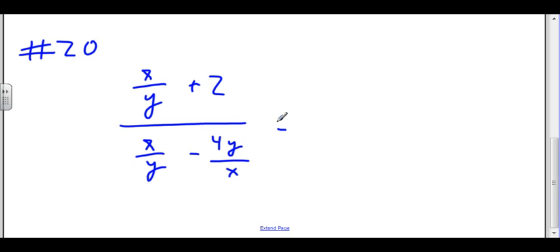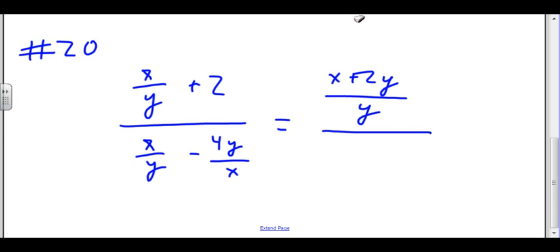Well, it looks like I'm going to need a common denominator, so I'm going to say I got x plus 2y over y on top. And then on the bottom, my common denominator is xy. So I have x squared minus 4y squared on the top. Okay.